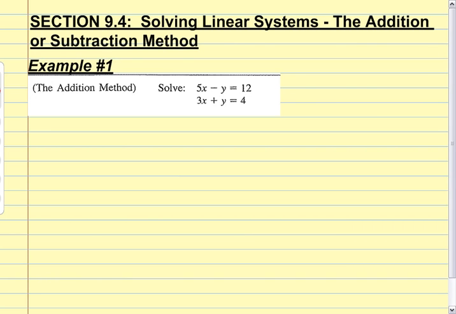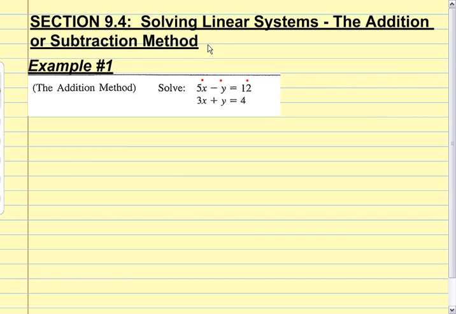So if you look at these two equations, they both have the x terms first, they have the y terms second, and then they have the numbers over here by themselves, okay? And that's called standard form, whenever we have the x, then the y, and it equals a number, okay? We want to make sure that we put them in that order if we're going to use the addition or subtraction method, okay?